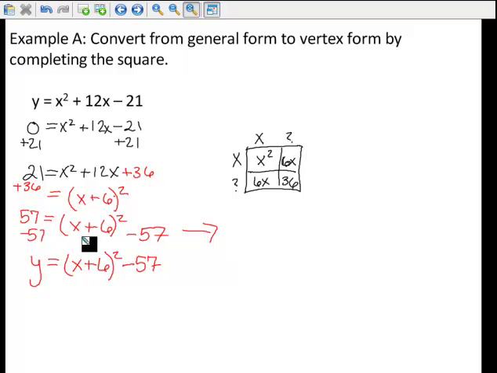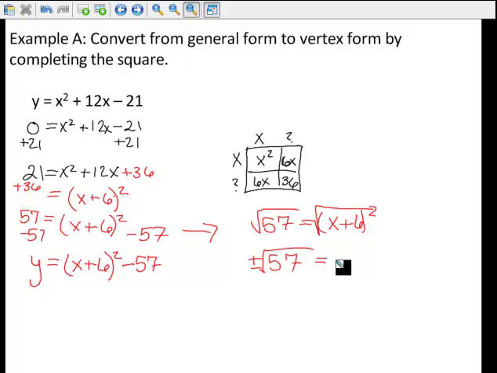If we solve for x when y is 0, then we have 57 equals the quantity x plus 6 squared. Then we can take the square root of both sides. So the positive or negative square root of 57 is equal to x plus 6.